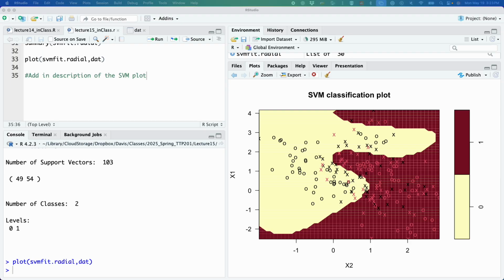Is that what it means? Anywhere that is yellow, I would predict a value of 0. Okay, and clustering cannot do something like this.